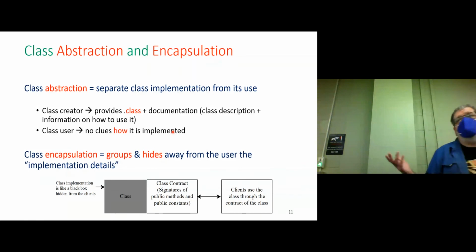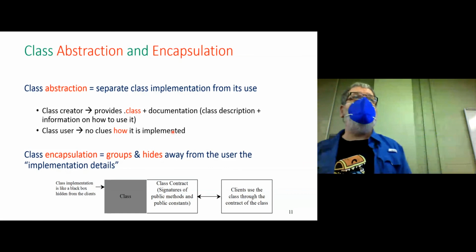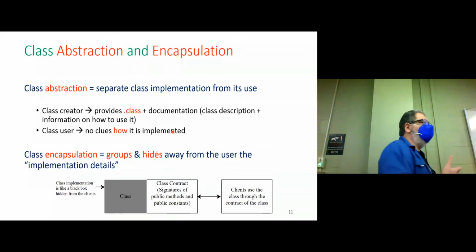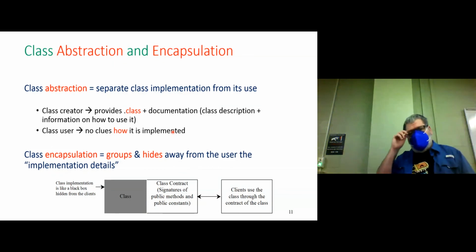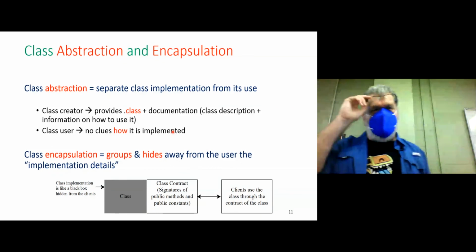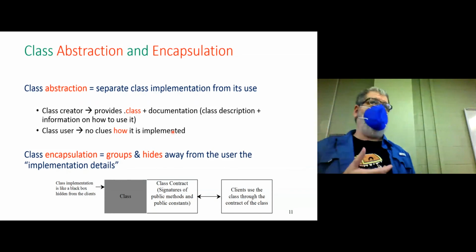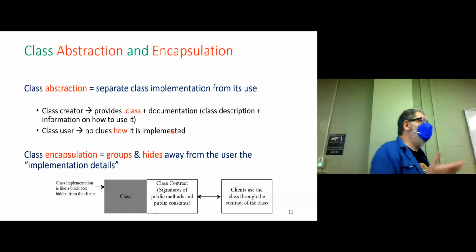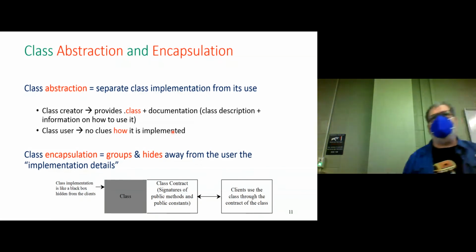So you might already have a very good idea in your mind of what I was referring to. That's perfect. But let me make sure, and let's go over a definition here. So abstraction means that we separate the implementation of something, a class for us, because we do object-oriented programming. We separate the implementation of a class from its usage.